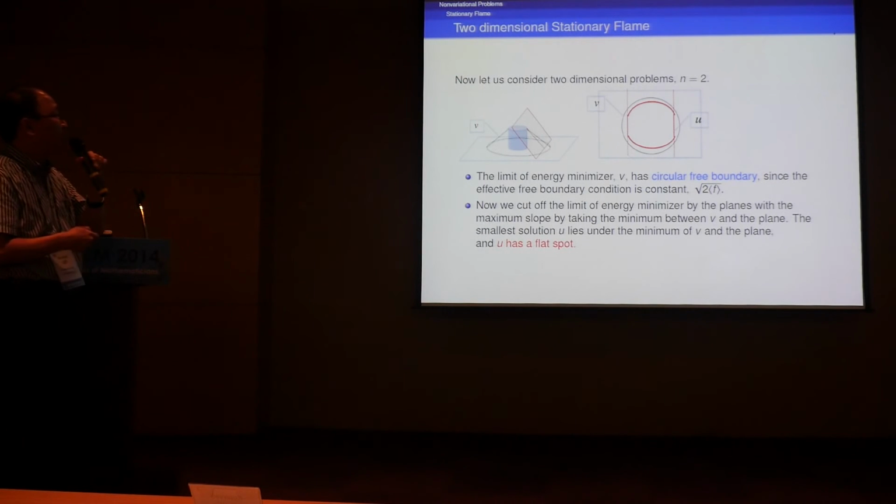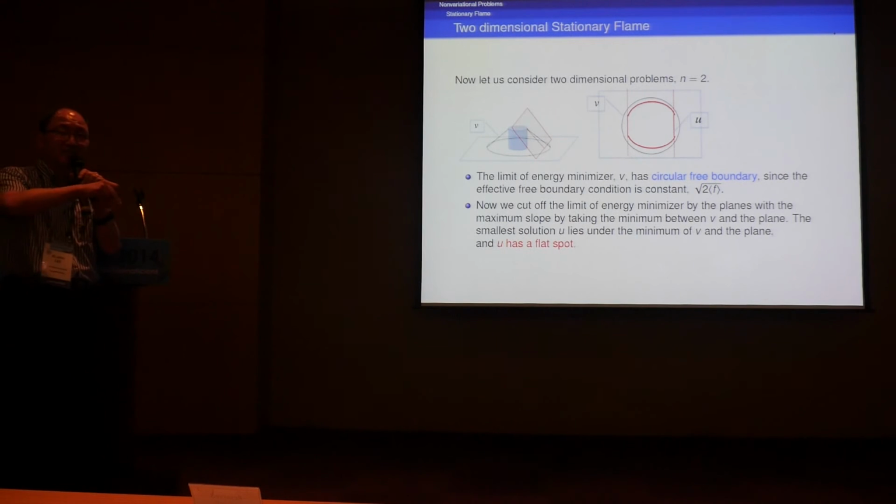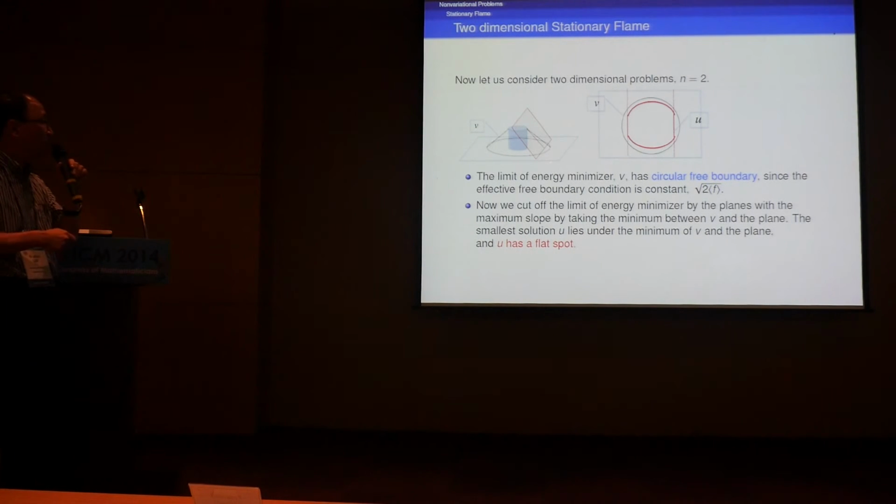What about two dimensions? If you look at the limit of the energy minimizer, then the free boundary condition is a simple average. So your gradient is the same at every location and direction. Then your solution ends up with a circular free boundary.